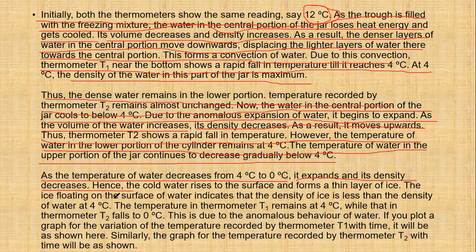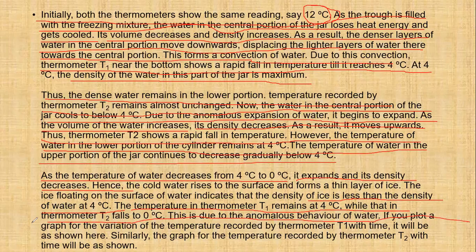The ice floating on the surface of water indicates that the density of ice is less than the density of water at 4 degrees Celsius. The temperature in thermometer T1 remains 4 degrees Celsius while that in thermometer T2 falls to 0 degrees Celsius. This is due to the anomalous behavior of water.